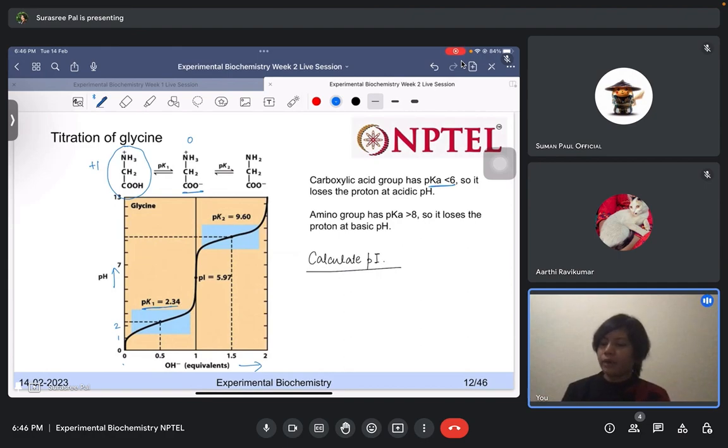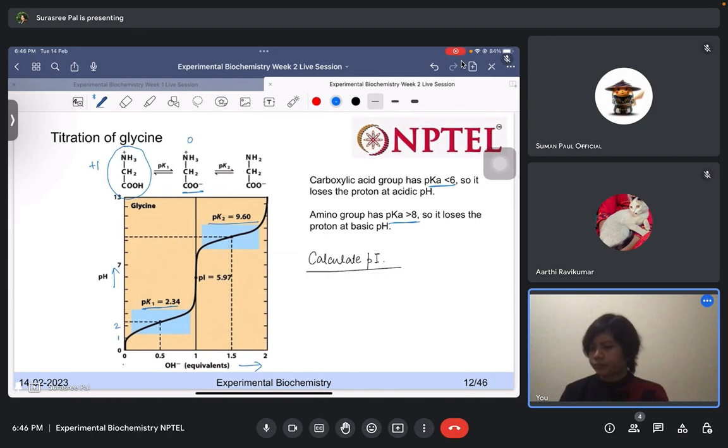and again further as we increase the pH, you can see that the pK2 of glycine is approximately 9.60. So these amino groups have a pKa greater than 8. So of course they will lose the proton at a basic pH, right?